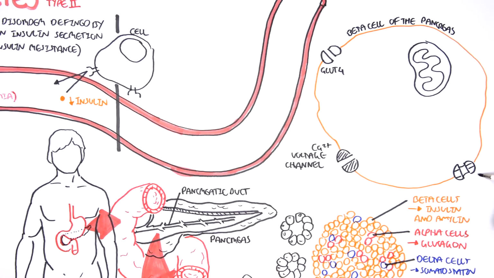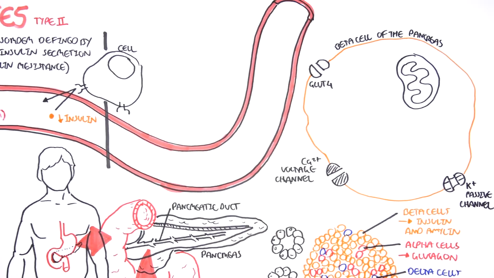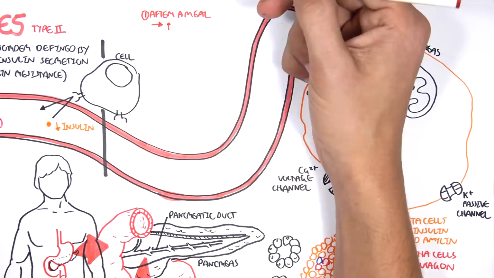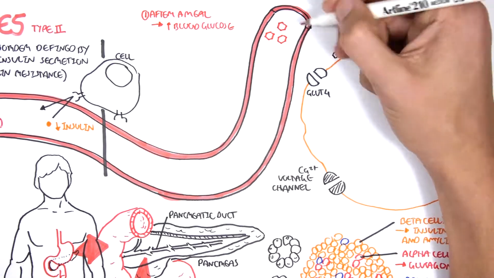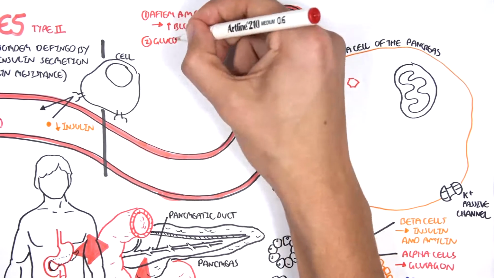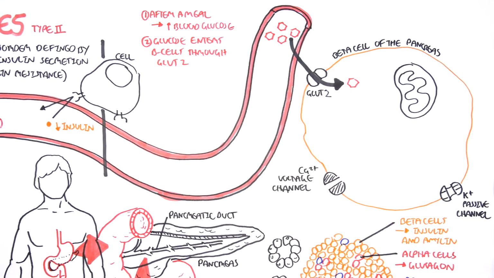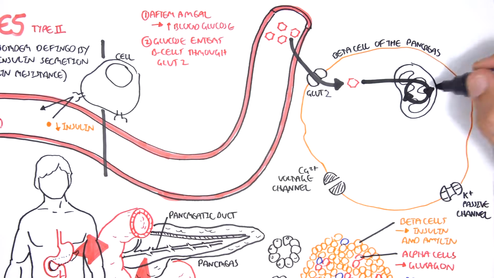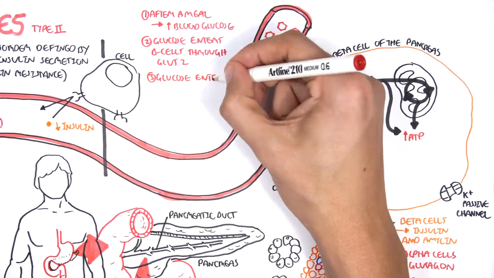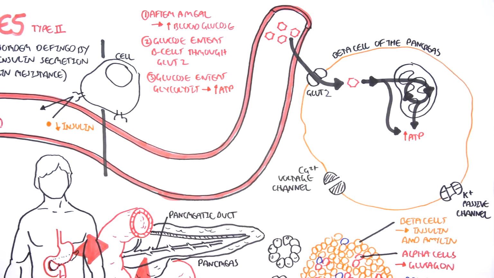So let us look at the steps involved in insulin secretion by the beta cells. After a meal, there is an increase in blood glucose. An increase in blood glucose results in glucose entering the beta cells through the GLUT2 transporter. The glucose in the cell is then metabolized through glycolysis and Krebs cycle in the cytoplasm and the mitochondria, producing many ATP. ATP is energy.